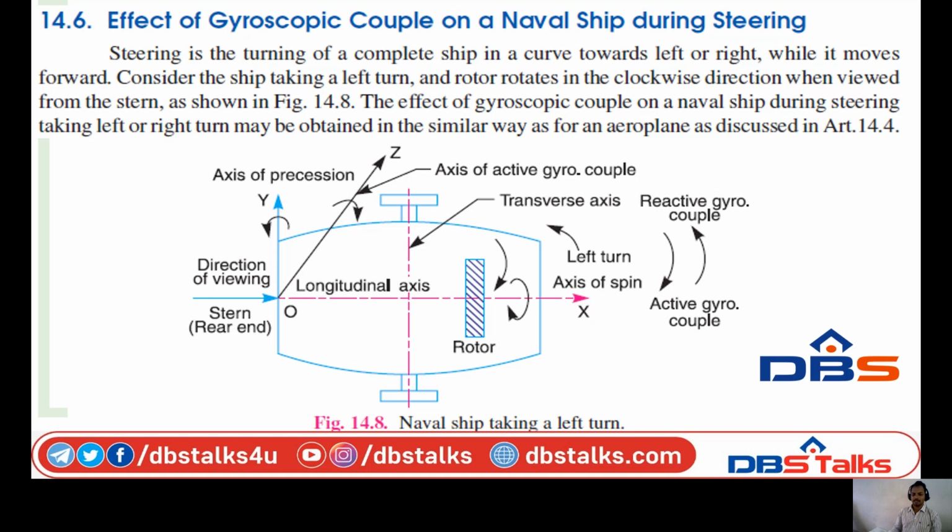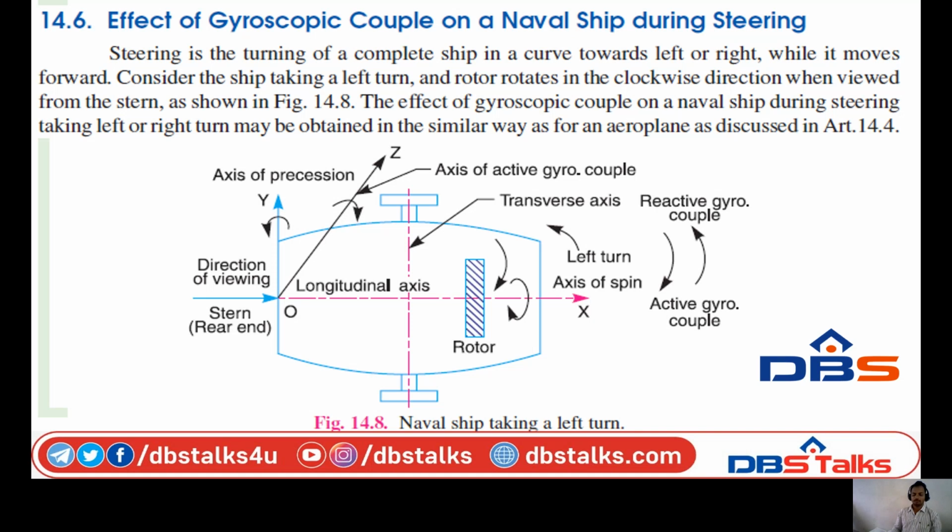Then the reactive gyroscopic couple of the same magnitude will act in the opposite direction, that is anti-clockwise direction. With that, the effect of reactive gyroscopic couple is to raise the bow and lower the stern. As you know, in the aeroplane also, for taking the left turn, we go for raising the nose and lowering the tail.